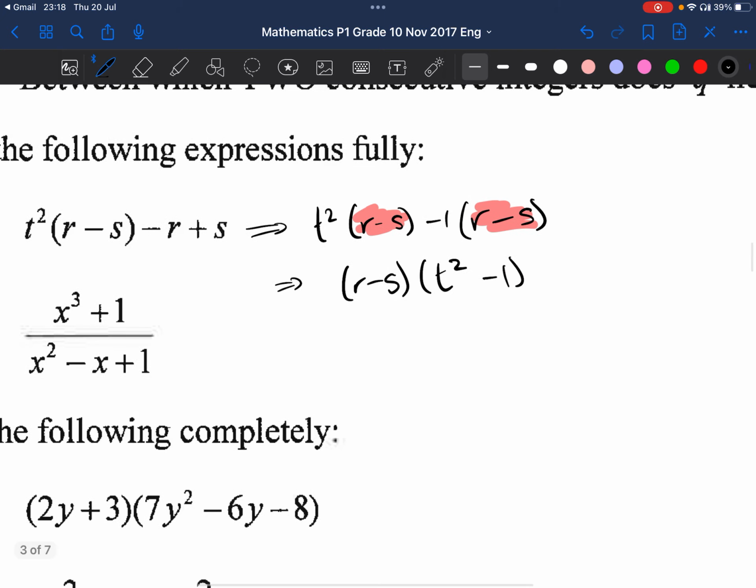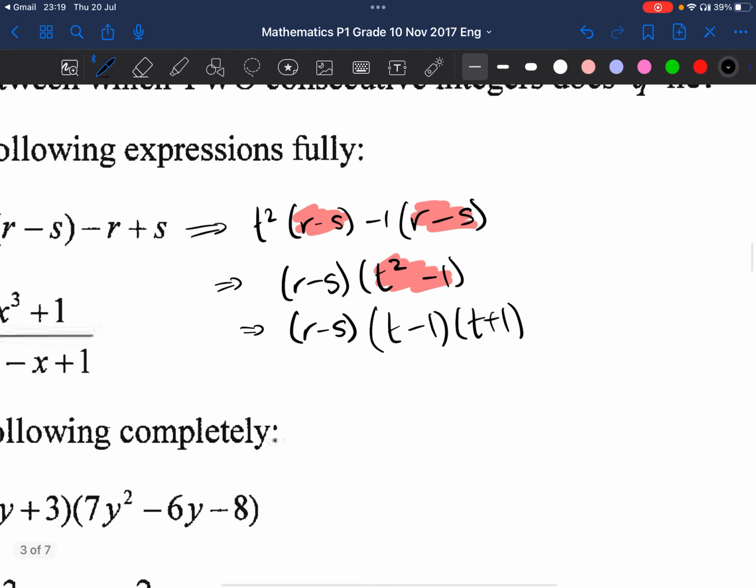Now if we look further though, t squared minus 1, we can still factorize that further, because remember, difference of two squares. T squared is a square, of course, and 1 is a perfect square as well, because 1 squared is 1. So I can write that as r minus s, and then t minus 1, t plus 1.